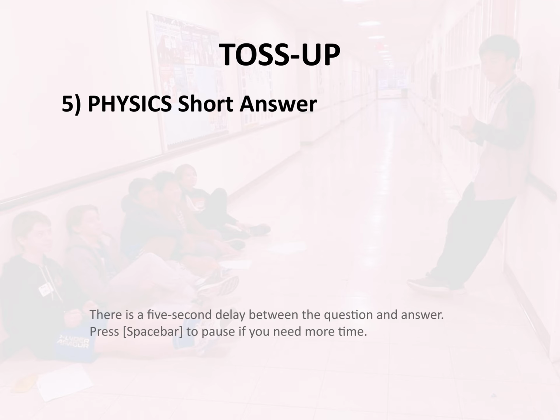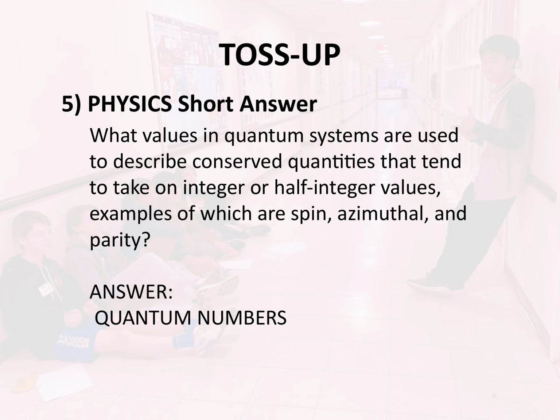Physics. Short answer. What values in quantum systems are used to describe conserved quantities that tend to take on integer or half-integer values, examples of which are spin, azimuthal, and parity? Answer. Quantum numbers.